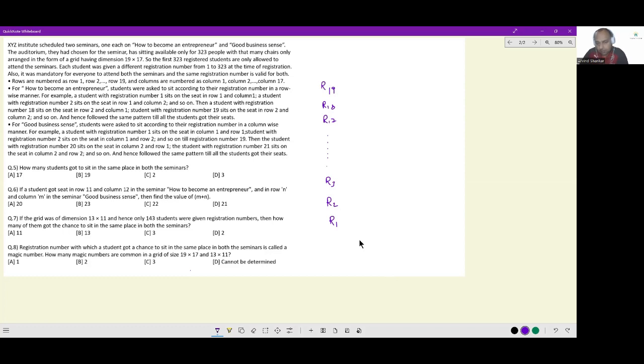And column-wise, we have column 1, column 2, column 3, keeps on going up until column 15, column 16, column 17. I'm not drawing out the entire table because this is more for representational purpose than precise calculation.